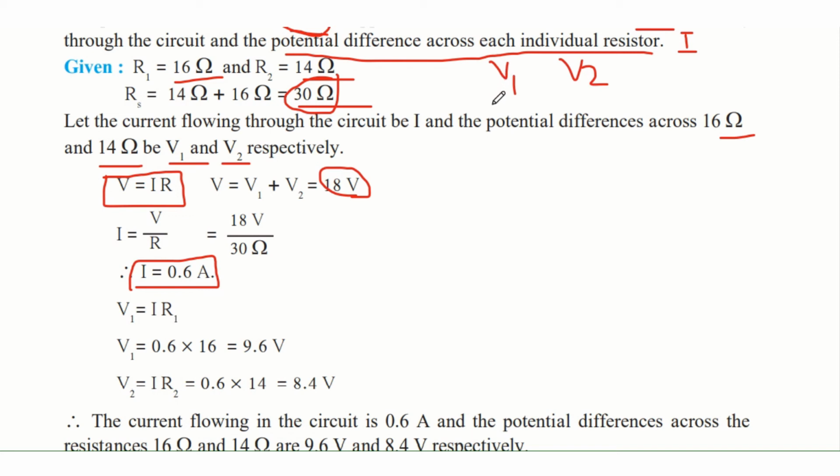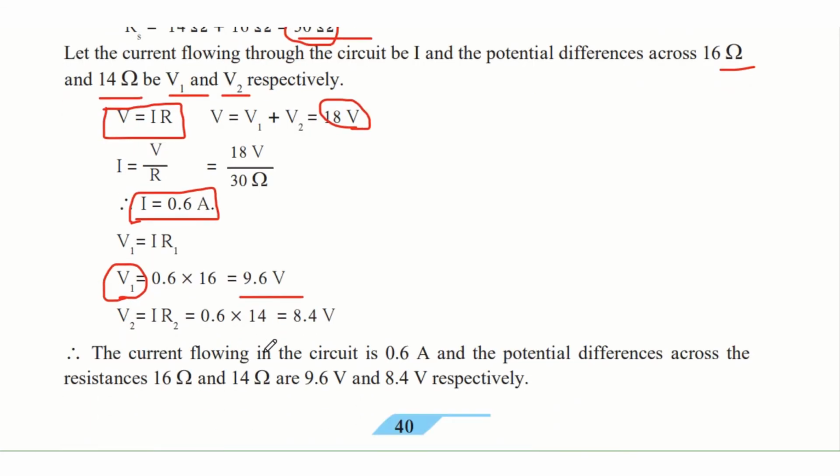Now we have to find the individual potential differences. That is, we have to find V1 and V2. So V1 will be equal to I into R1, and we know by the previous derivation that the current flowing through all the resistances in series is the same. So I will always remain the same. So I we know as 0.6 and R1 was 16. So we found the potential difference across R1 as 9.6 volt.